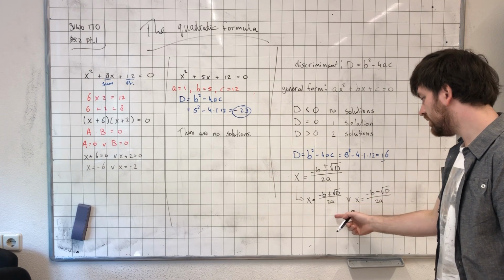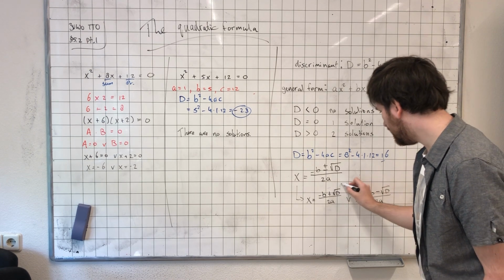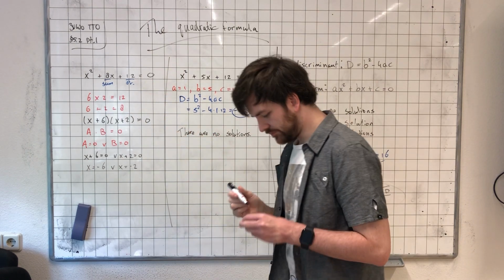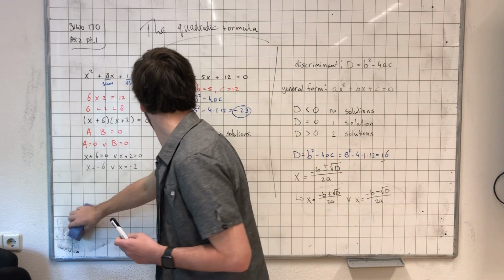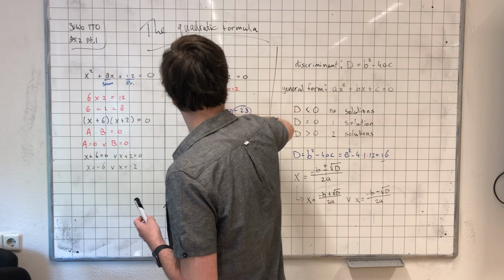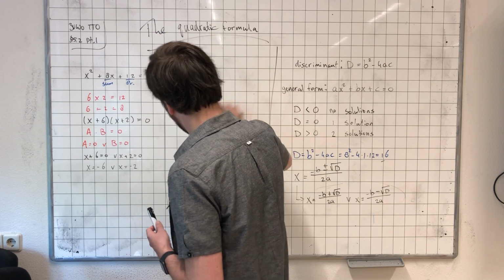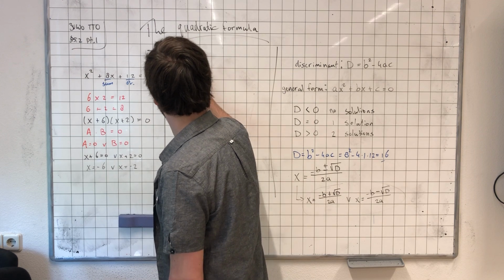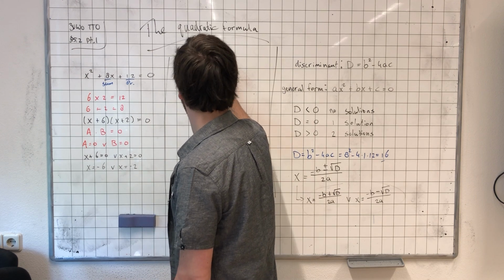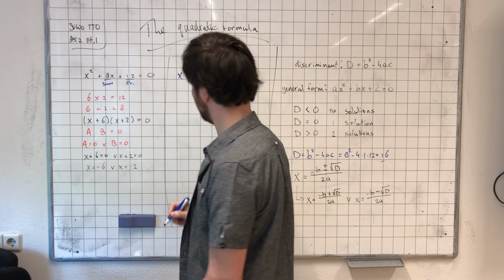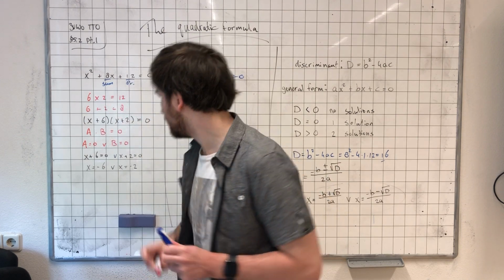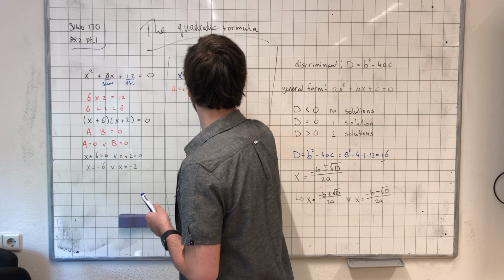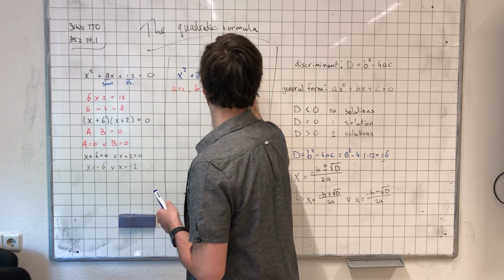So let's see what happens if we use these two formulas for this equation. I'm going to erase the middle one. So if we're looking at x squared plus 8x plus 12 equals 0, then a equals 1, b equals 8, and c equals 12.